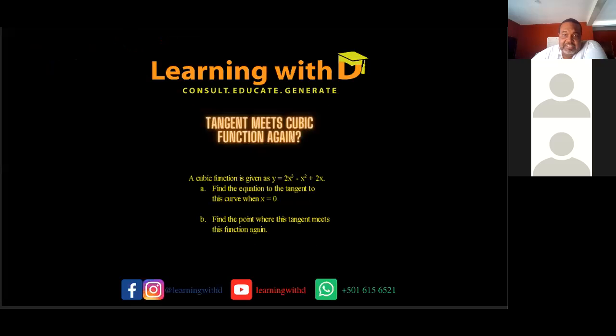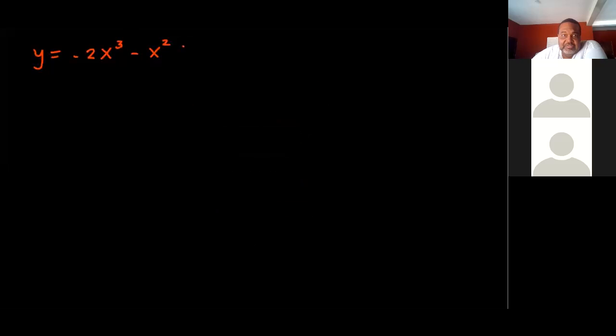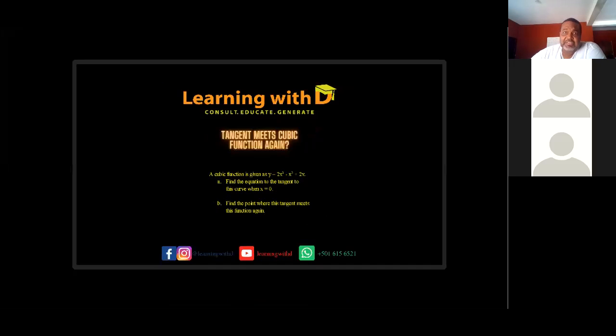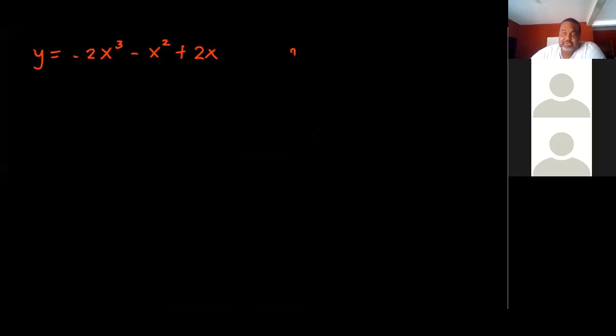I believe it's plus 2x. Okay, and what it's asking us to do is find the tangent to this point, when the curve touches the tangent at x equals 0.